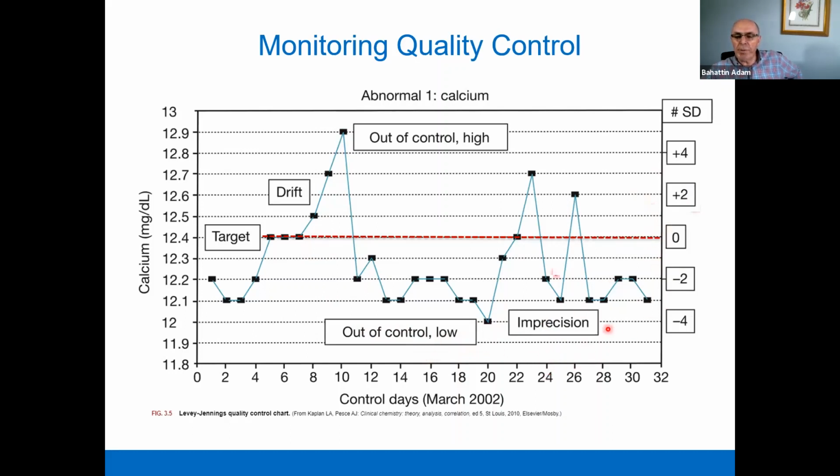And you see here imprecision, okay? And drift, as you see here, a sudden increase of the lab data, okay? Each of them has a different meaning.